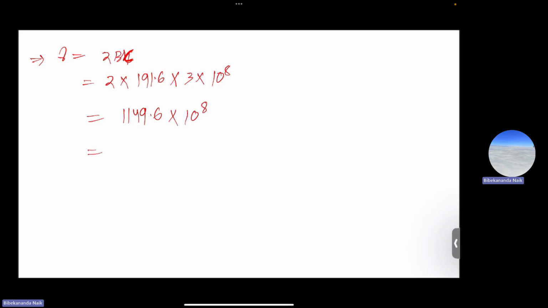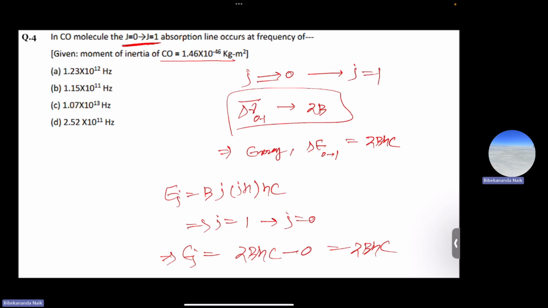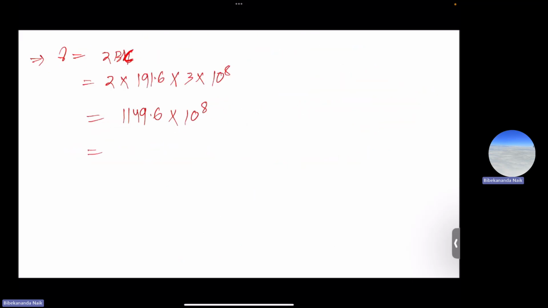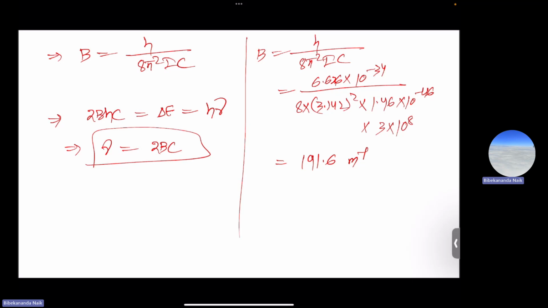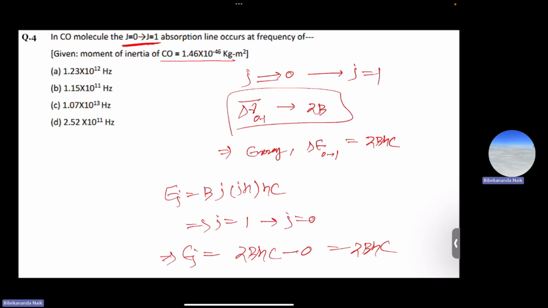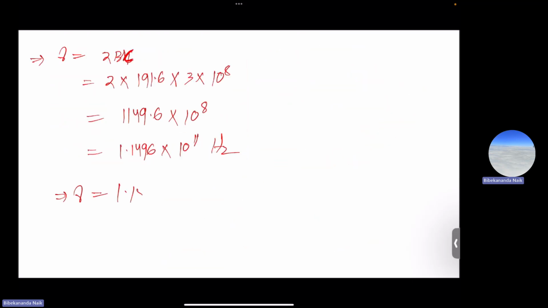The options are in 10 to the power 12 or 10 to the power 11, so it will be 1.1496 times 10 to the power 11 hertz. If you see the options, 1.15 is present. So 1.15 times 10 to the power 11 hertz.